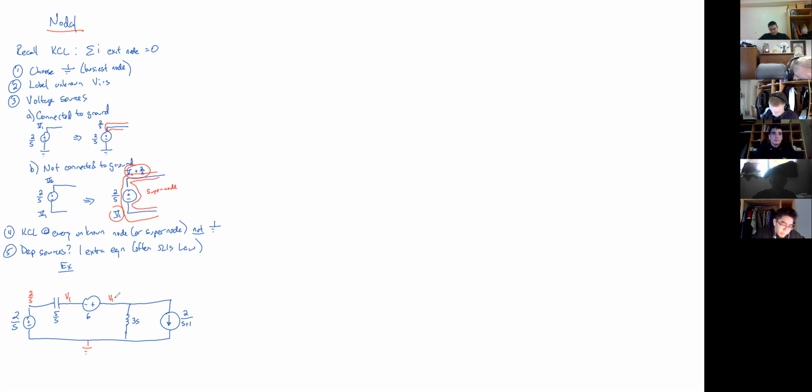So we'll call this V1 plus 6, and that's it. And when we do our nodal equations, we'll only have two of them. Anyone want to see the supernode equation, or shall we move on to mesh?